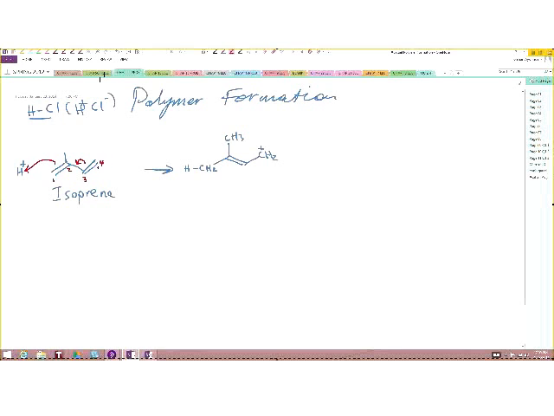Supposing another molecule of isoprene comes in, this carbon-carbon double bond will now act as a nucleophile, right? Just as it did here, attacking the proton, it could also attack the carbocation. So what do you get? You get this.